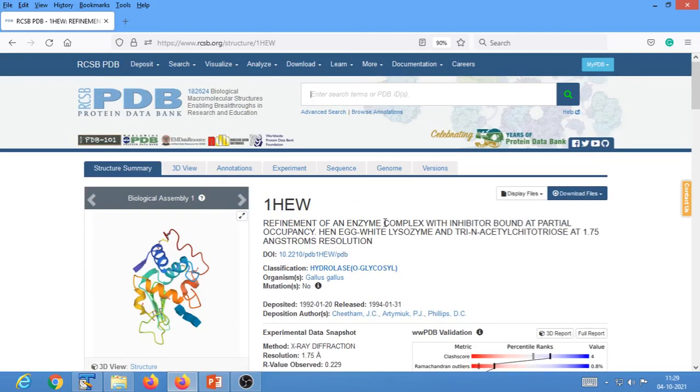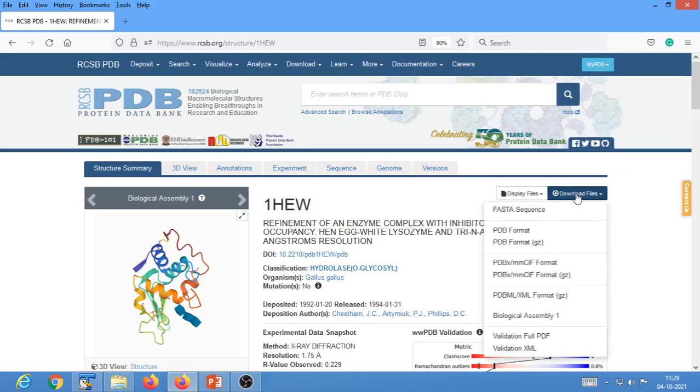Then we want to download this model, and for that you can use the download files button. There are a lot of other formats being offered to you, in which you can download the structural information of your model.